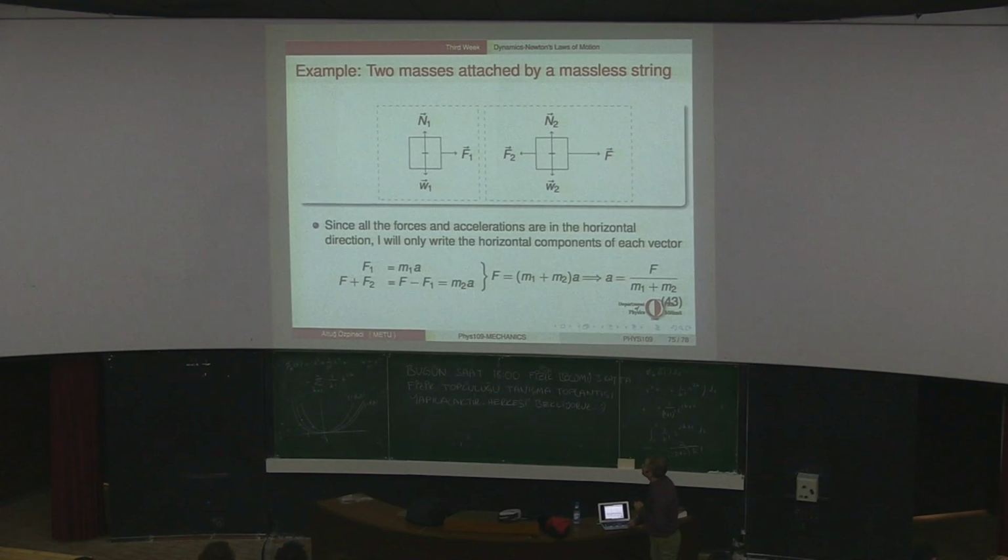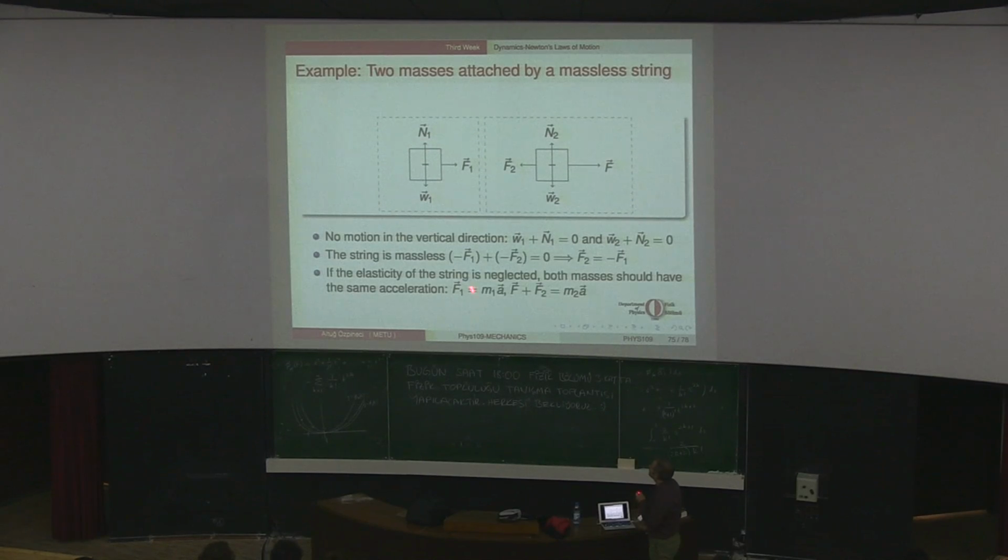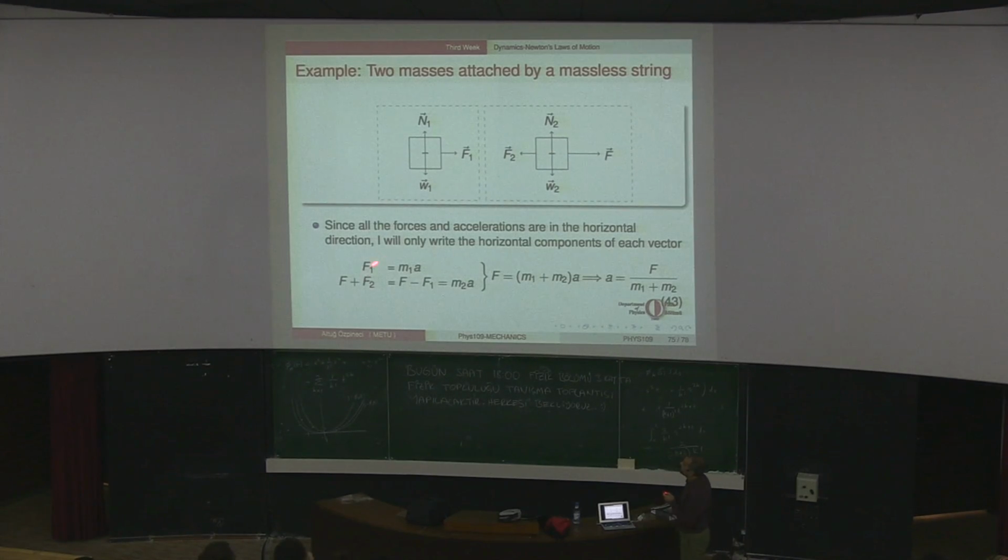Well, from here to this equation, what I did was, I just wrote F1. I didn't write it explicitly, but the horizontal component of the F1 vector is F1, and the horizontal component of the F2 vector is F2. So F1 is nothing but m1 times a, the horizontal component of the acceleration. F plus F2.